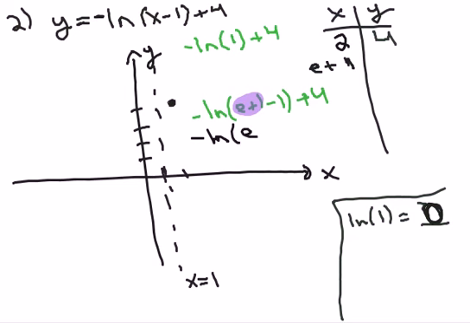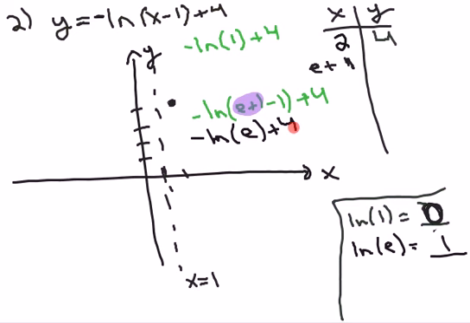And we know that ln of e is what? Well, it's whatever e to some power gives e, so that has to be equal to 1. So then I'd have 1 times a negative is negative 1.